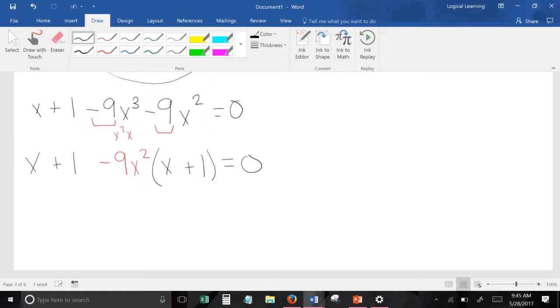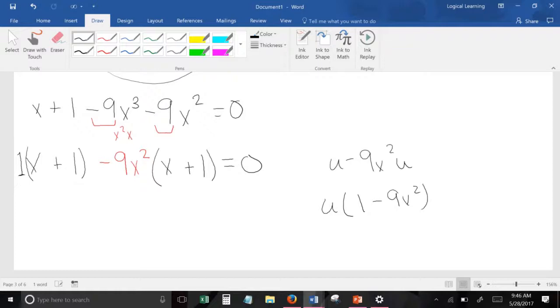Now here some people can have difficulty because they have trouble seeing that we can in fact now factor out this entire quantity of x plus 1. Now remember that x plus 1 is just like 1 times x plus 1. Now if we had this as u minus 9x squared u, we can clearly see that both are multiplied by u, so we can take out a u and we have 1 minus 9x squared.